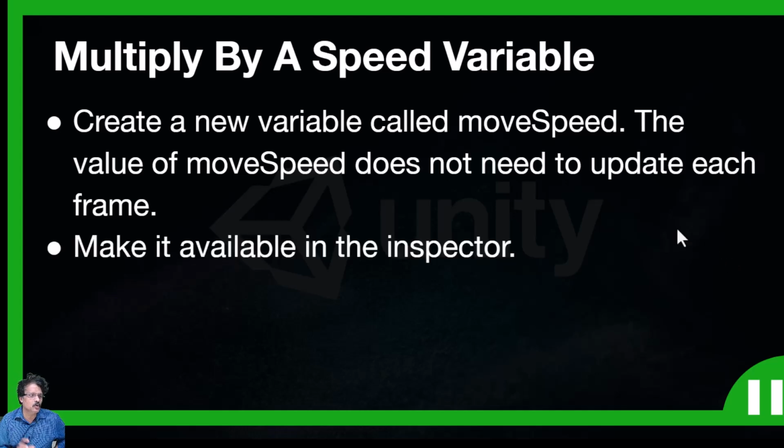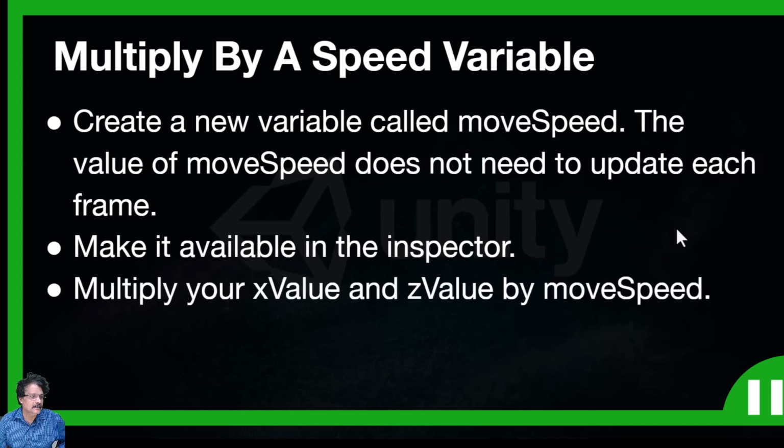Next, you have to make this value available in the inspector, so that every time you need not come to Visual Studio Code to change the value. You can control it right inside the inspector, and then you have to multiply both the x value and z value by this moveSpeed.